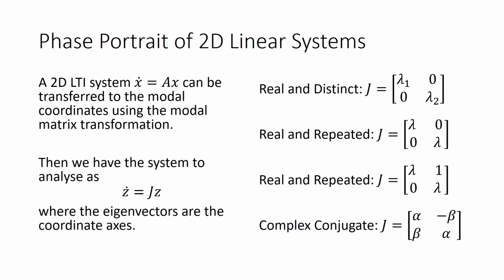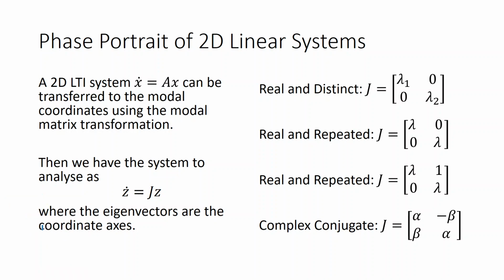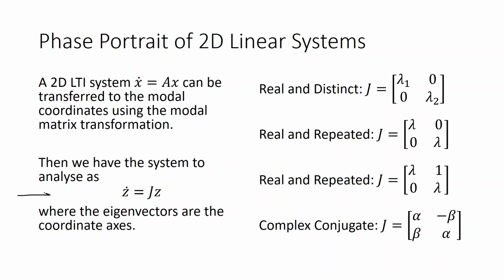When we have a linear system, we will actually analyze not even x dot equals A x in the original coordinates, we will analyze in the modal coordinates. This is a system in the modal coordinates where J is basically the Jordan canonical form.